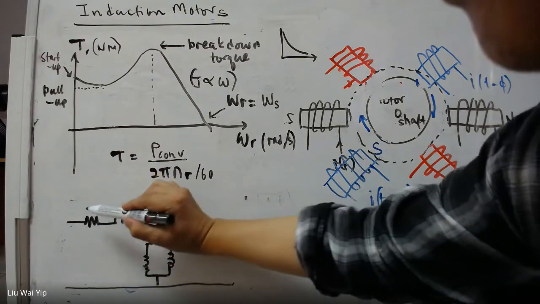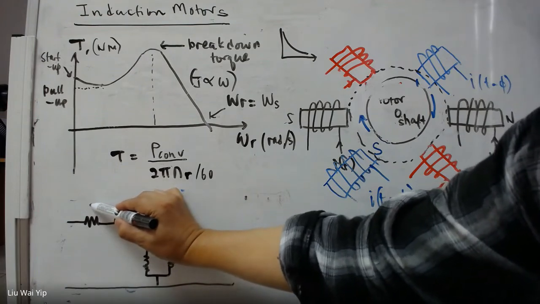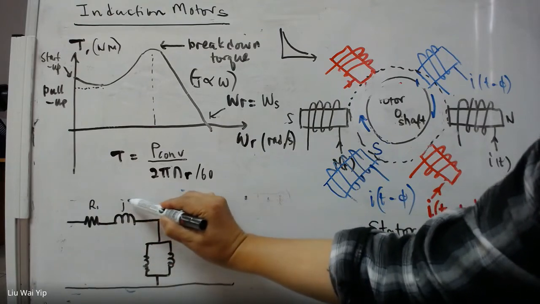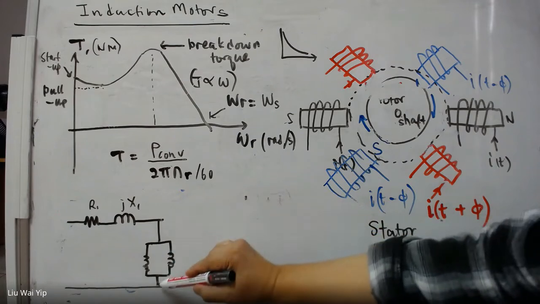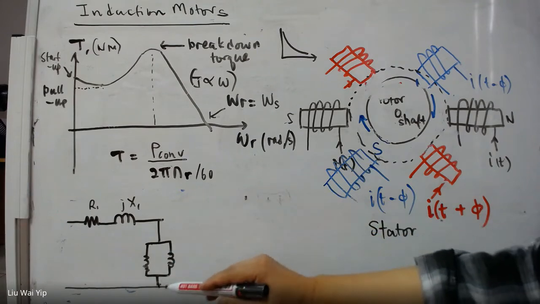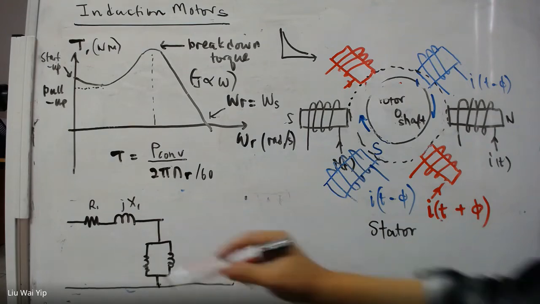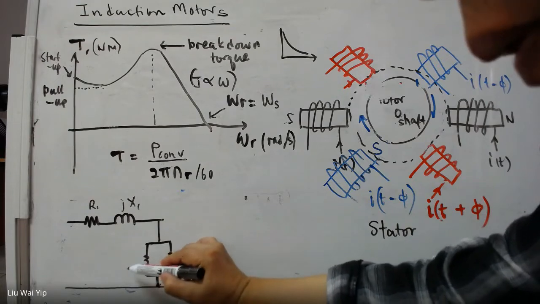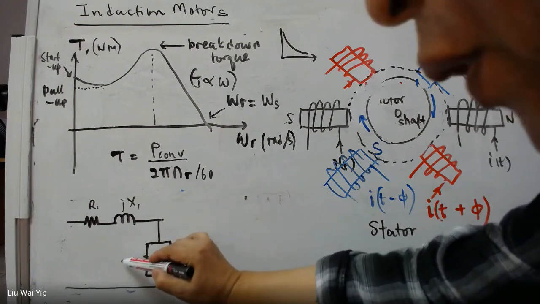And the primary here is R1 and jX1. And likewise, we have a core, and this core dissipates the magnetizing energy as heat. So the heat will be dissipated as well in the form of eddy current.